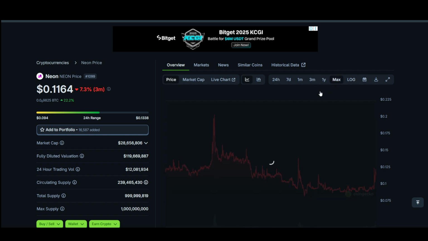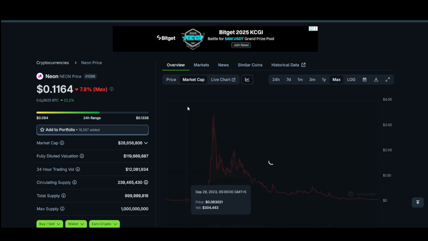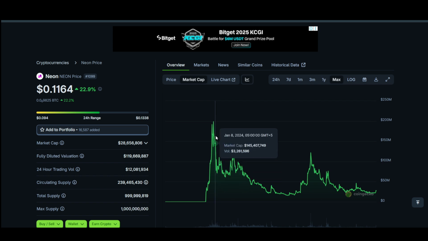Now if we just look at the market cap back when it launched, basically in December, or you can say Jan of 2024, it actually ended up peaking above 198 million, and back in December of 2024 it actually ended up hitting 121 million. As of now it's at 28 million.